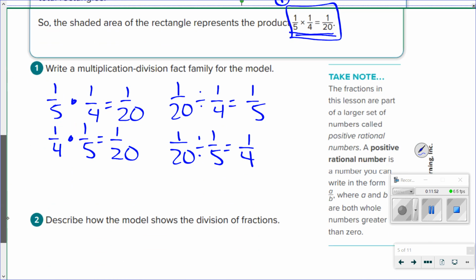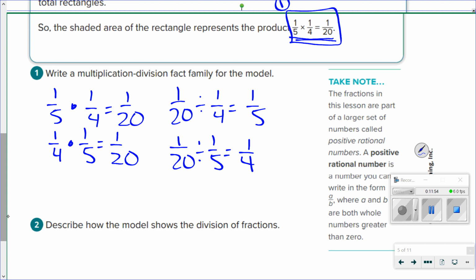Good. If you kept going, you probably would have the whole description. The height of the shaded rectangle is 1/5 of the height of the model. Okay. And the width of the shaded rectangle is 1/4 of the width of the model. So how does that show the division of fractions?